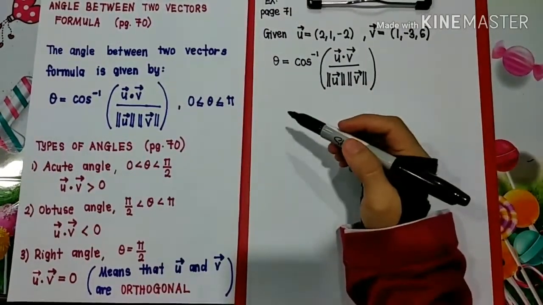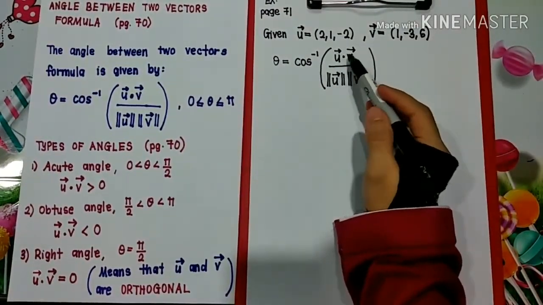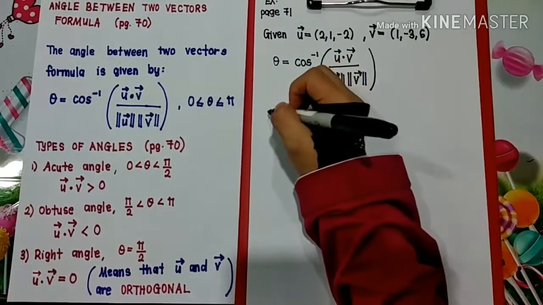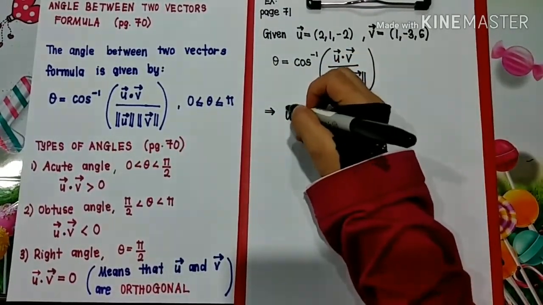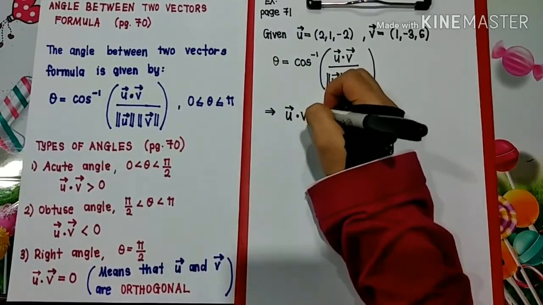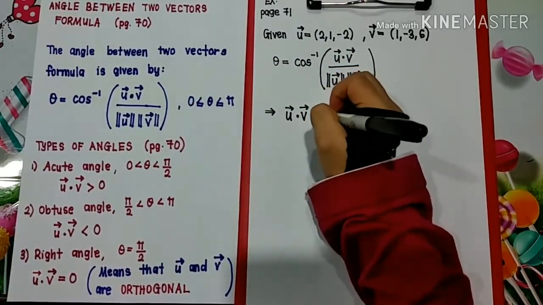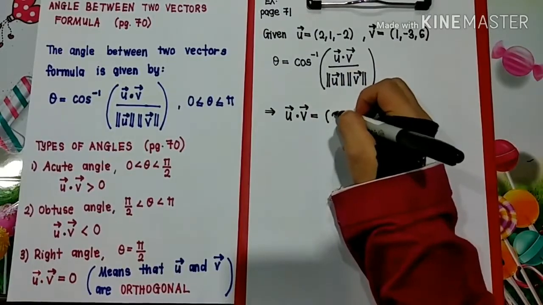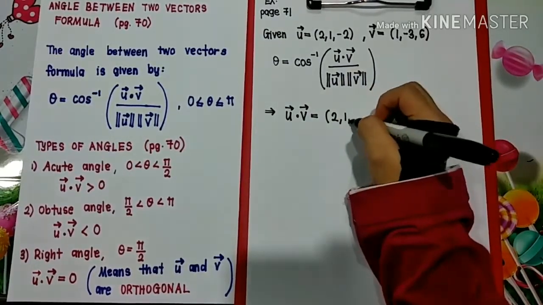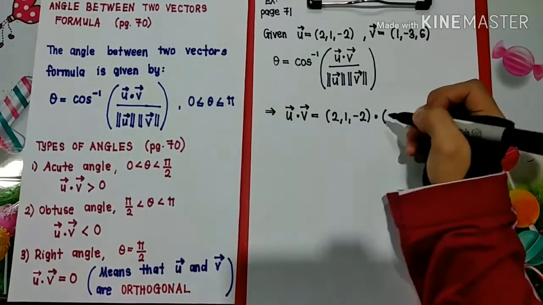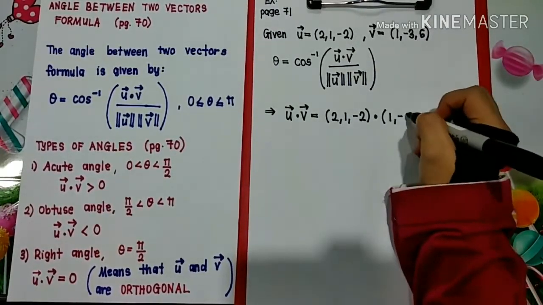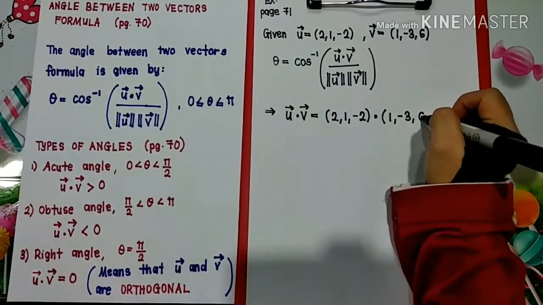Next step, we compute the dot product first. We find u dot v. The vector u is (2, 1, negative 2), dot with the vector v, which is (1, negative 3, 6).